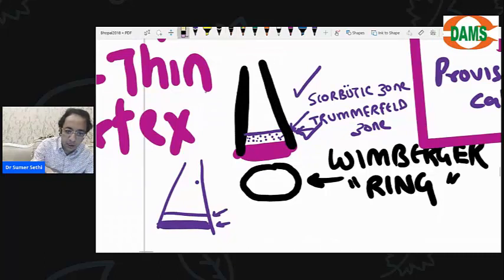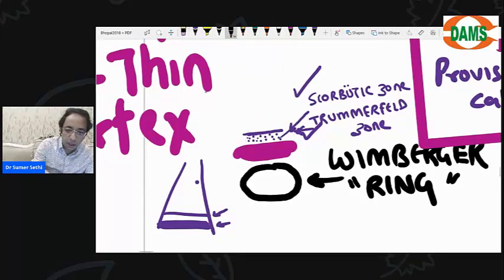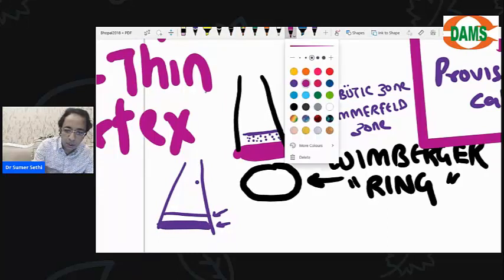Okay. Now, another thing that will happen in scurvy is the capillary fragility will be high. If your capillaries are fragile, they will cause hemorrhages.